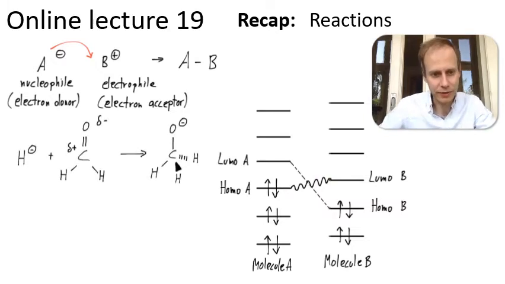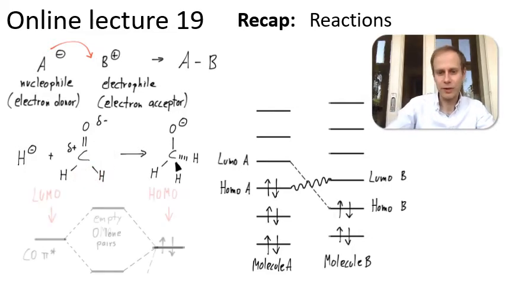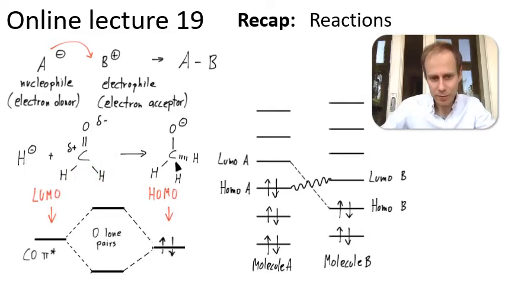So we looked at this example of a nucleophilic attack of a hydride on a methanol. So this is the nucleophile, this is the electrophile, and then we looked at the available orbitals that the two reactant molecules have. We find that the HOMO is for the hydride, the nucleophile.